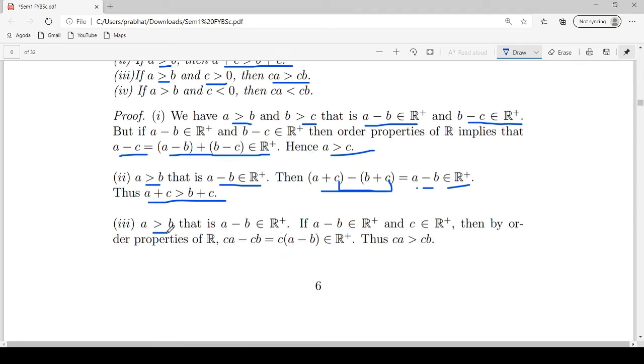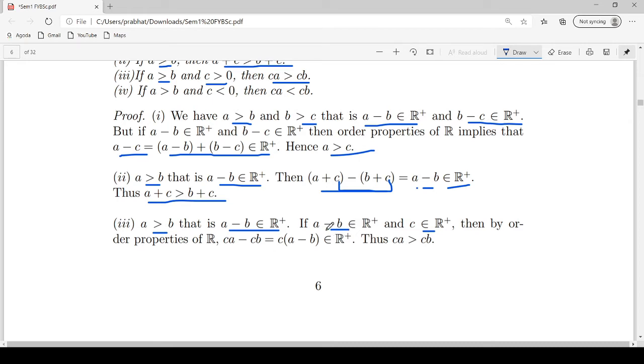Again you have a is greater than b. That means a minus b belongs to R plus. Now c is given to be greater than 0. That means c also belongs to R plus. Therefore by order properties of set of real numbers R, we can say that multiplication of two positive real numbers is positive.